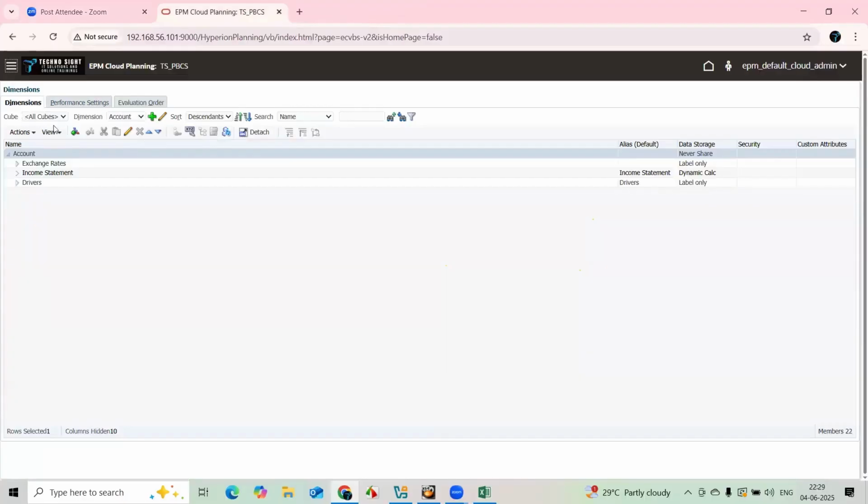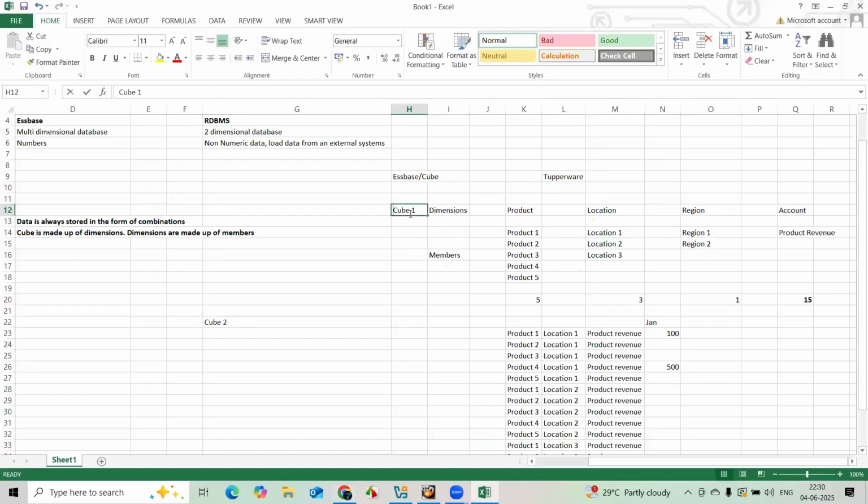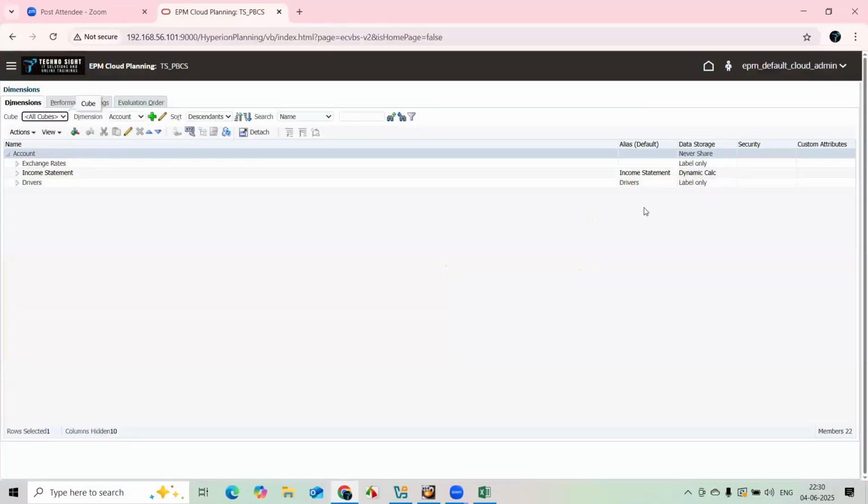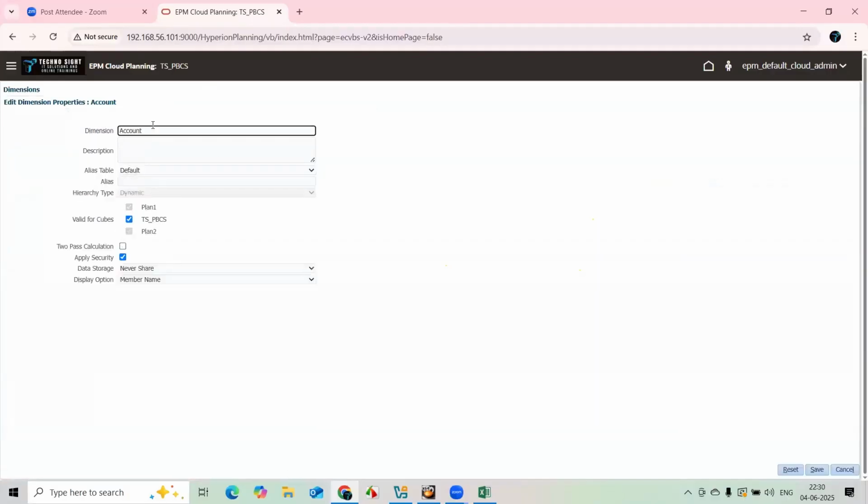See, if you can see here, there are three applications, so there are three cubes. Plan one is one Essbase, TS_PBCS is the second, and the third one is plan two. Let us consider plan one as cube one and plan two as cube two. If you can see this account dimension here, you can have the same account dimension in both cubes, in any of the cubes that you want.